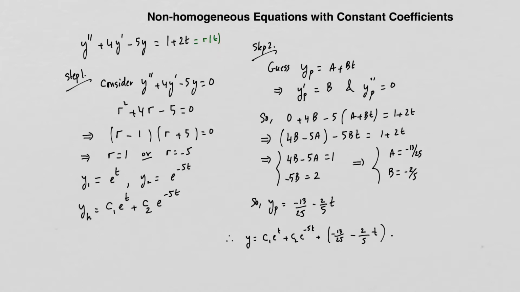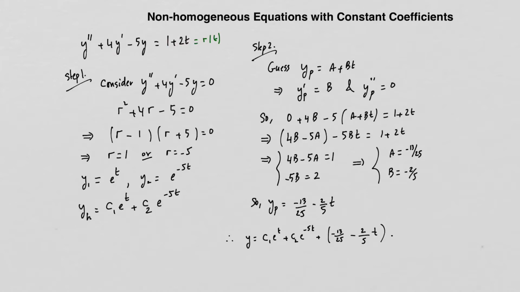The second step, and this is where it gets a little sticky, what you want to do is find what we call a particular solution, such that if you plug it in here and hit it with -5, and differentiate that particular solution and multiply it by 4, and differentiate it one more time and add them up, you're going to get 1 plus 2t.